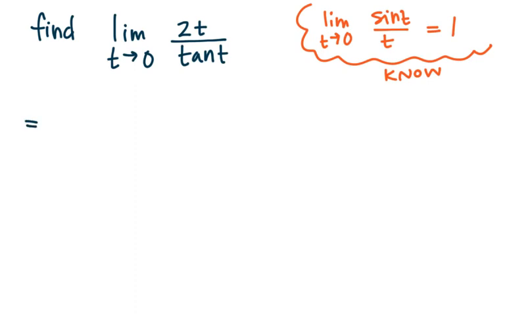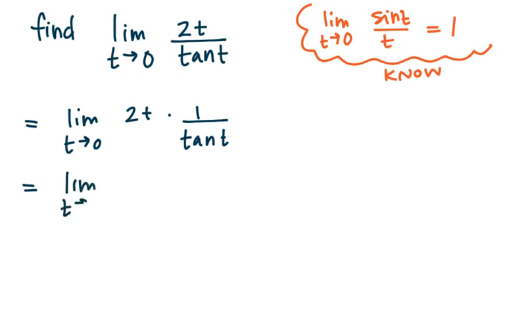And in this situation, I'm going to write it in a way so that it looks factored. 2t times 1 over tangent t. Now remember, 1 over tangent, that tangent's reciprocal is cotangent. So I can rewrite this and say, well, that's the same as 2t times cotangent of t.